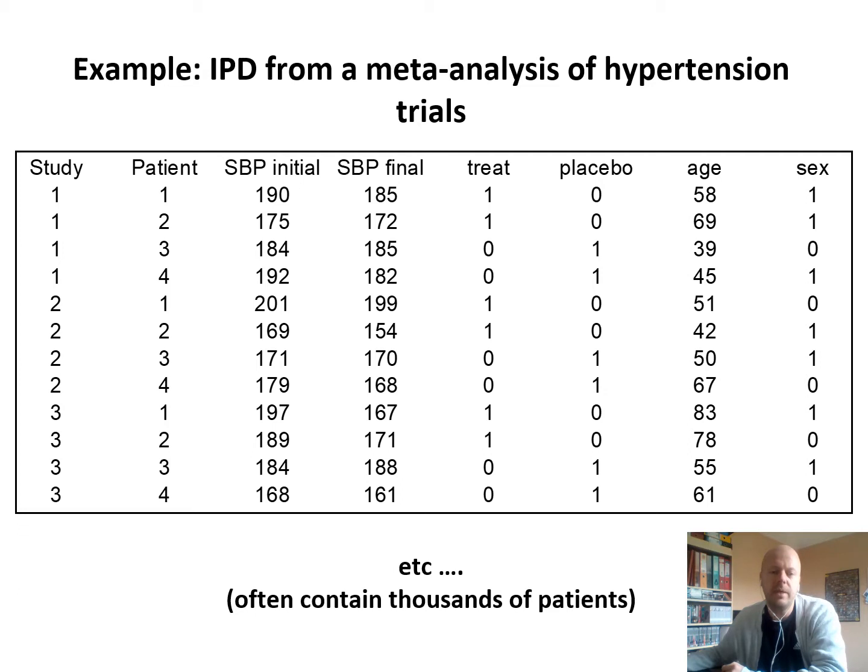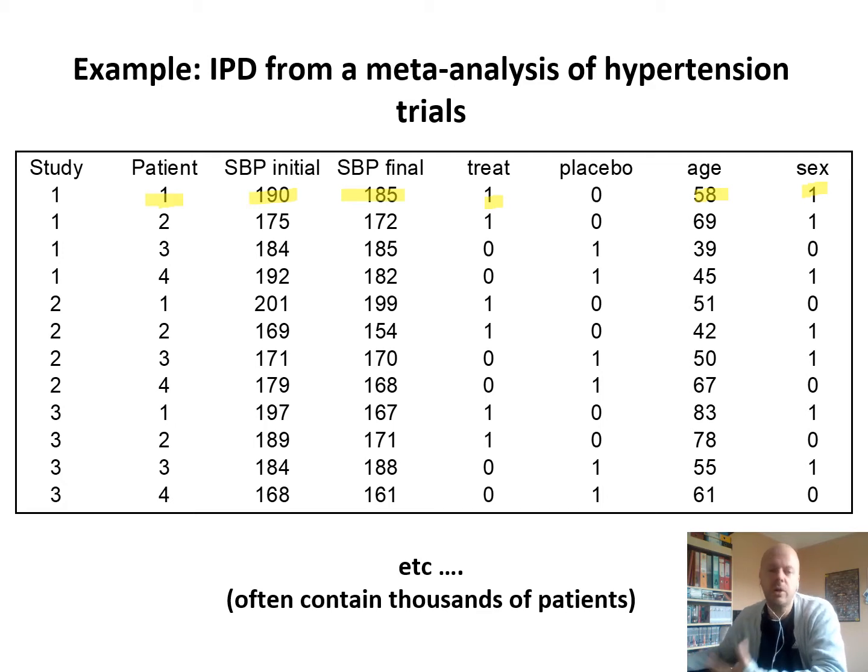For example, for patient 1, we see their baseline blood pressure, we see their final blood pressure, we know that they were in the treatment group, we know their age, we know their gender, and we would have other baseline information as well, often hundreds of columns potentially: biomarker values, family history, other things that were recorded by each trial.